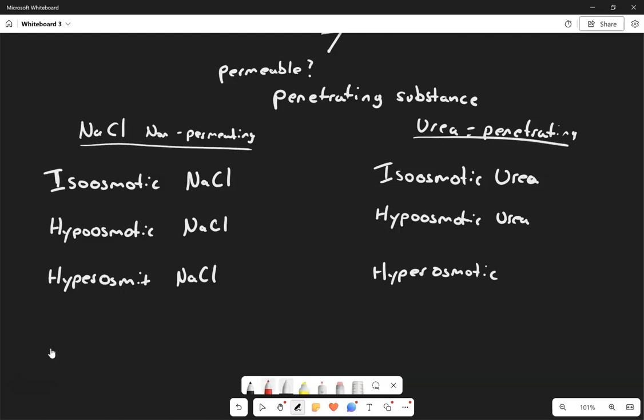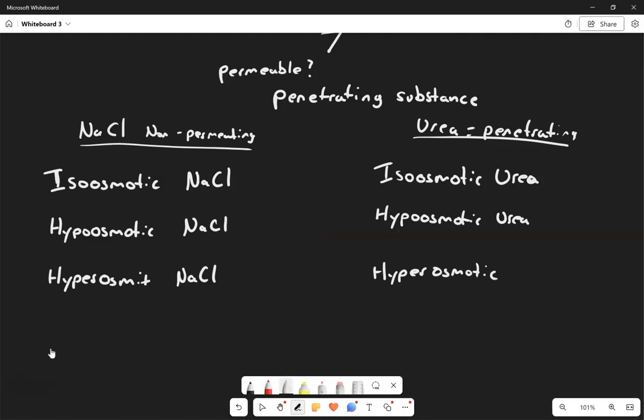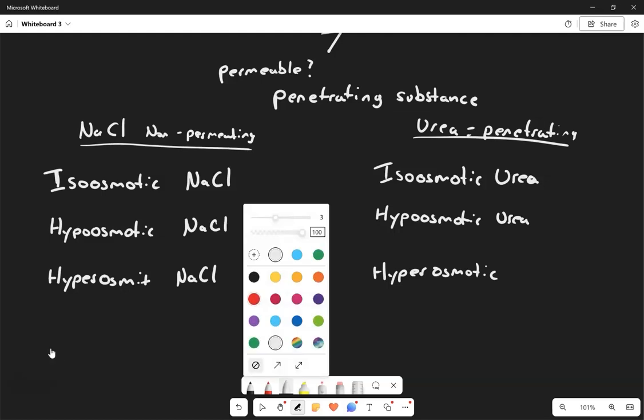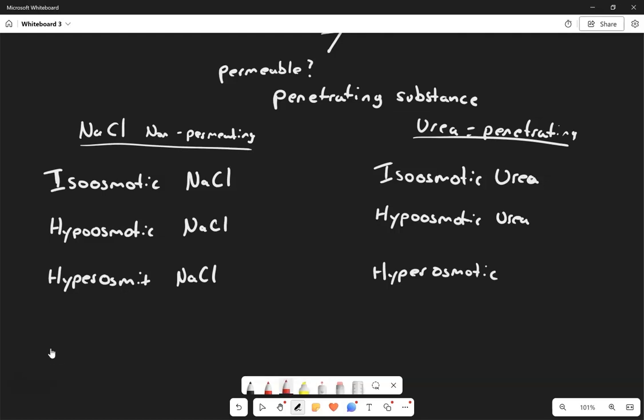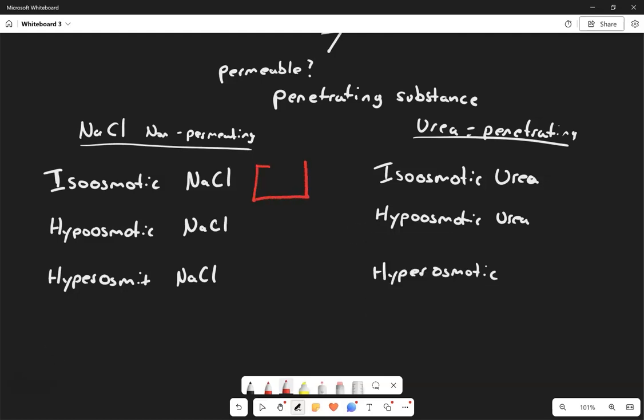Okay, so let's do the isoosmotic ones together, right? So we have isoosmotic sodium chloride, right? So osmolarities are the same. So we can think about this as our box, right? We have X over here, we have Y and X over here, right? Because the osmolarities are the same. So let's consider this the cell and this the solution.